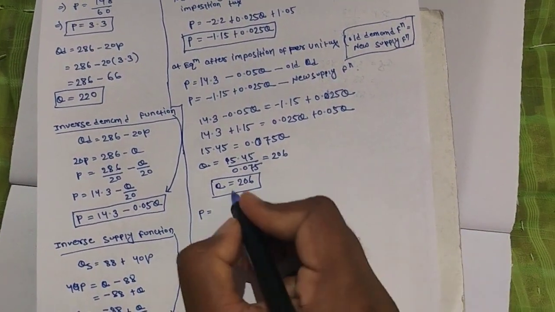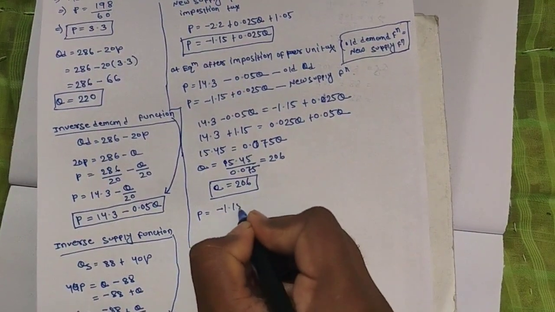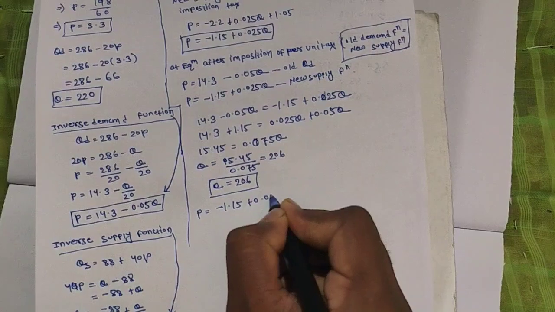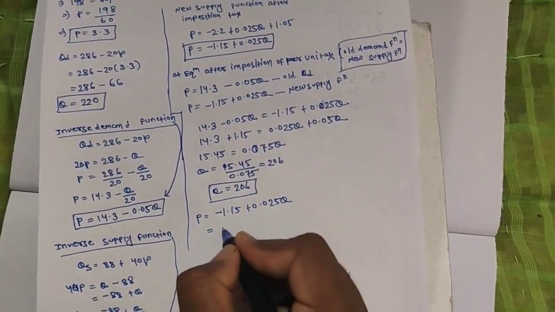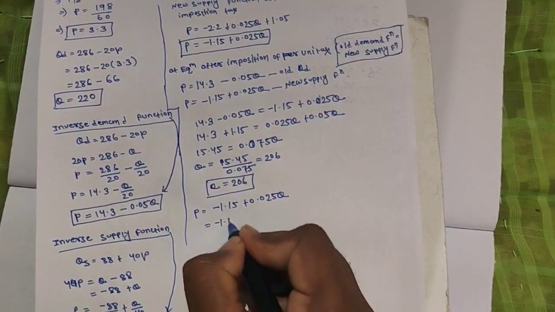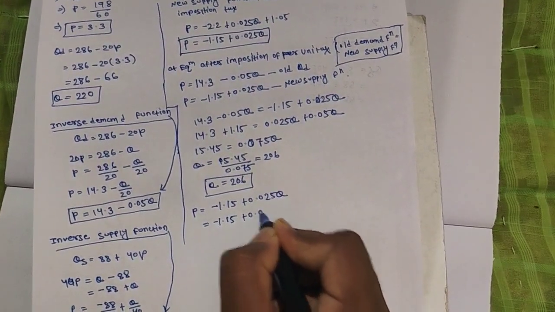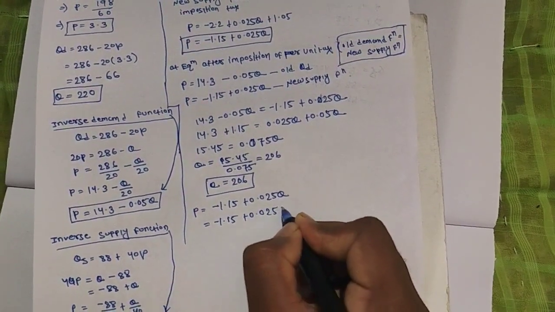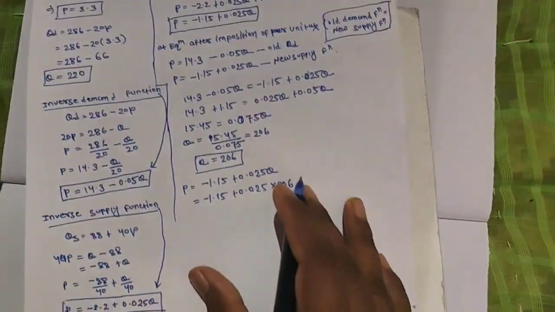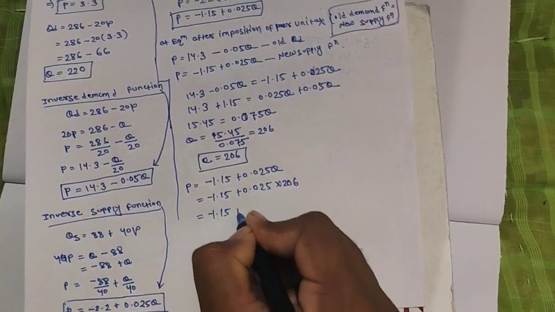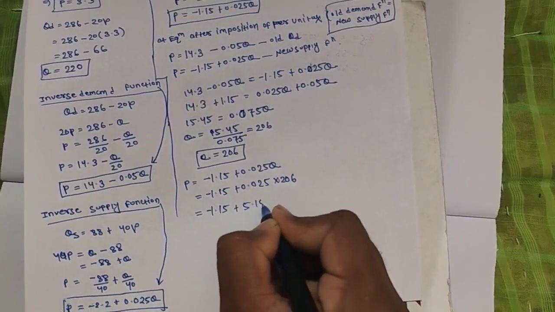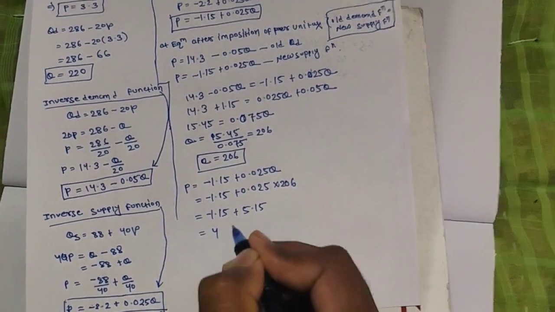Now simply p = -1.15 + 0.025q. In place of q we put the new quantity, so -1.15 + 0.025 multiplied by 206. So this becomes -1.15 + 5.15, and now price is equal to 4.